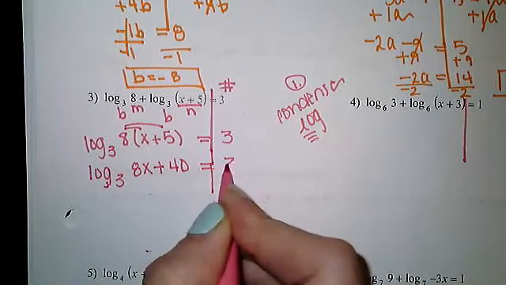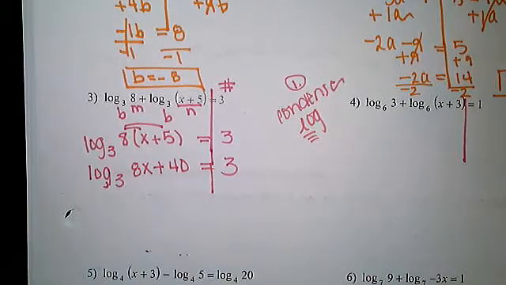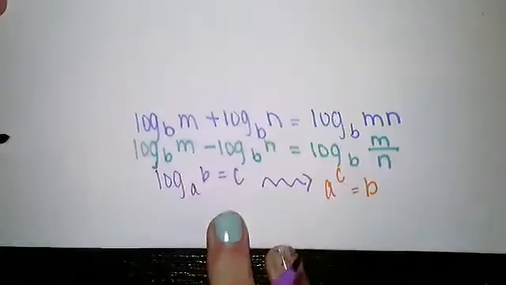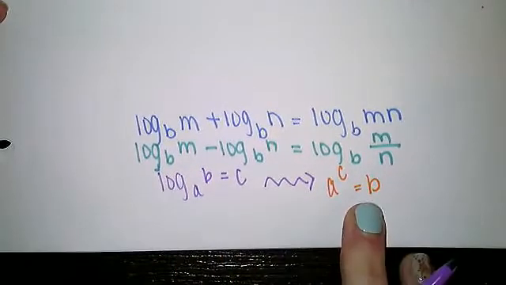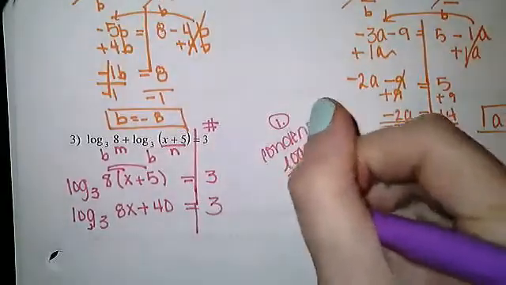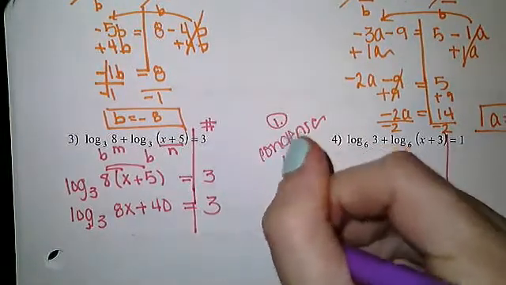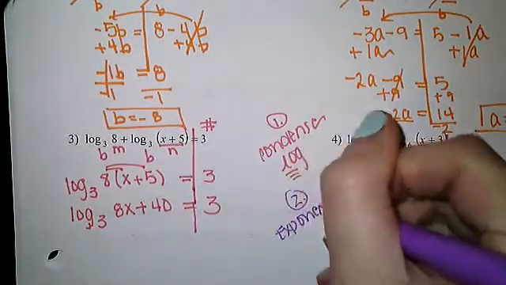And then that equals 3. So we're kind of at a point where there's not a whole lot we can do here to solve it. So we're going to use our little note down here of going from logarithm to exponential form. So I'm going to write our second step: when it's equal to a number, go into exponential form.